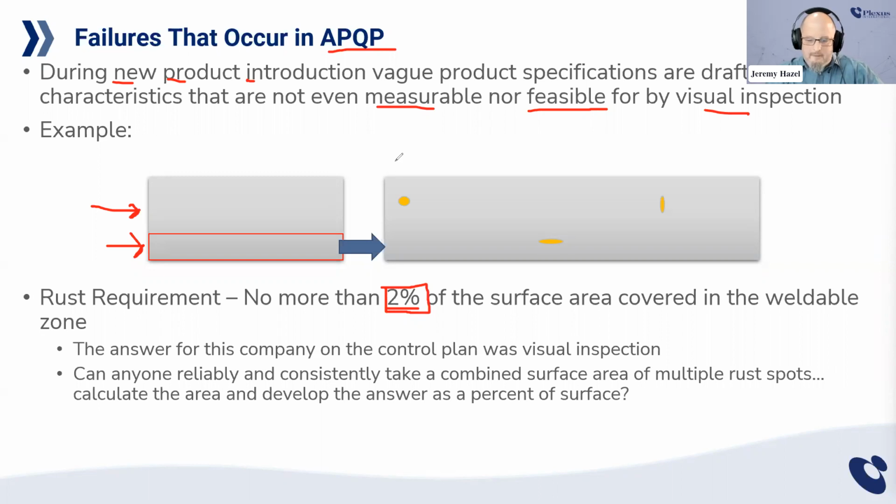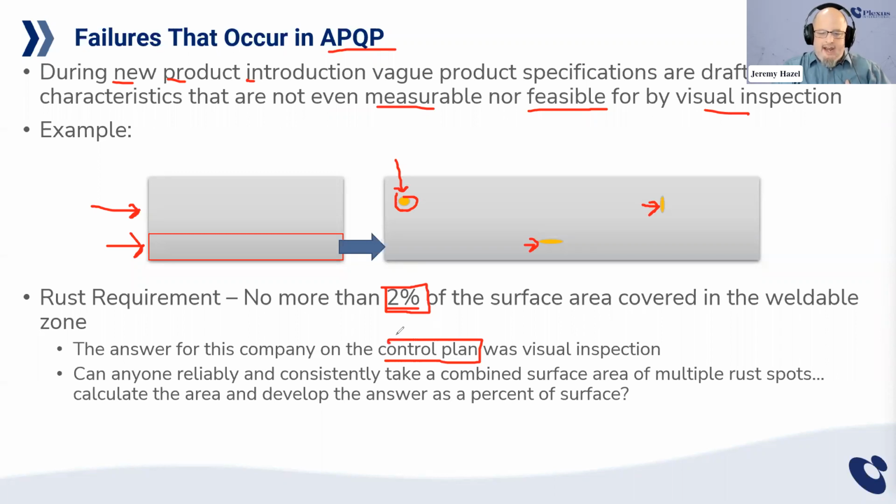What this means is, in this weldable zone, you may get multiple areas of rust. Now, the company that we worked with, on their control plan, they visually detected this. Now, think about this for a second, folks.